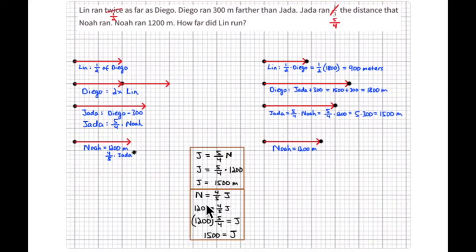Now notice that Noah is 4/5 the length of Jada. So it's the inverse relationship. And this is just like we used to look at with proportional relationships, and we used to make those tables where the x values are on the left, y values are on the right, y is equal to kx.